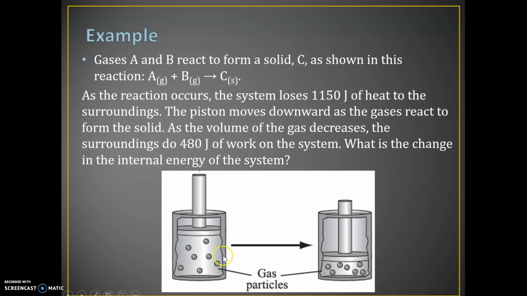This makes sense because if you have gas particles here and some of them turn into a solid, those gases aren't taking up as much space, so that piston is going to move down. As the volume of the gas decreases, the surroundings, the piston, are doing 480 joules of work on the system. What is the change in the internal energy of the system?